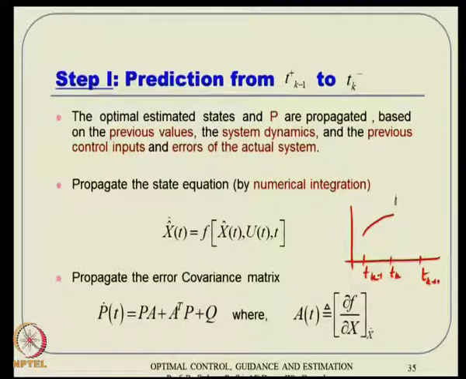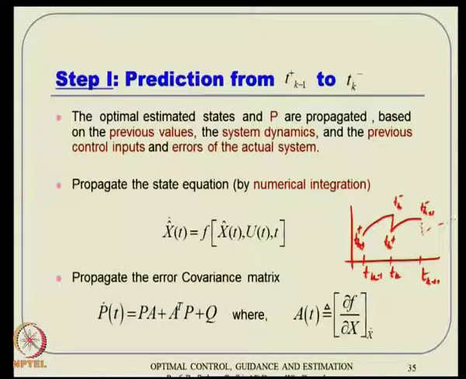So, this is t k minus 1 plus. Then you update from here to there somewhere, and then you predict. So, this is t k plus, and this is t k plus 1 minus. Then again it will be updated, and then again it will go like that. So, this is the notation here.